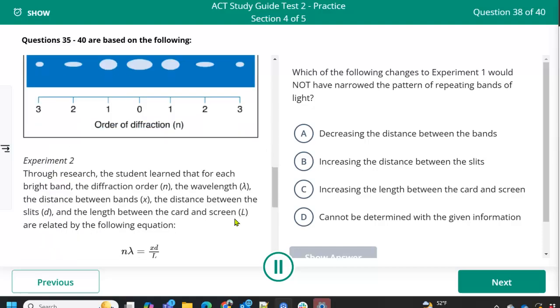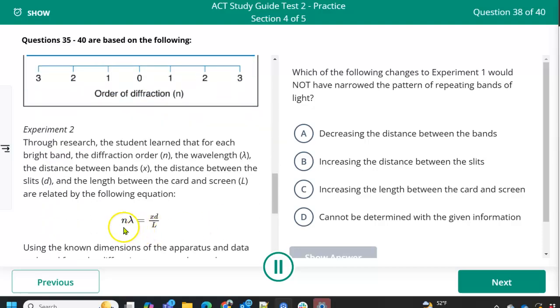So I'm going to go back to this equation here. Now here's n, and what we want to find is which one would not have narrowed the pattern. So which one of these would not decrease n? Decreasing the distance between the bands, which is x.